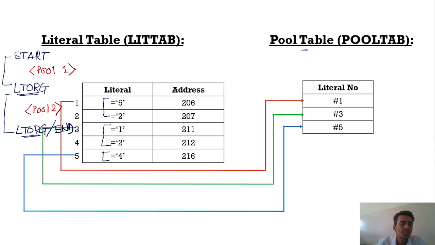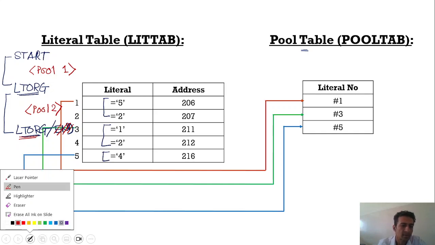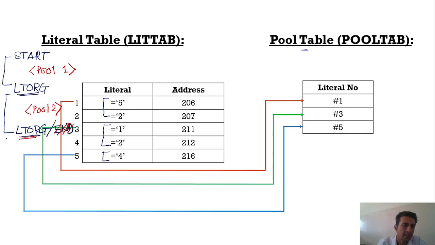Okay, so in our example we had this LTORG, and after the second LTORG again a few literals were used, and finally we had the END statement. So all the literals used after the second LTORG and before END will be referred to as pool 3 of literals.